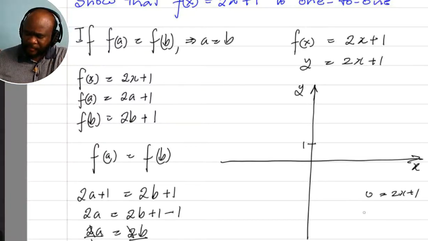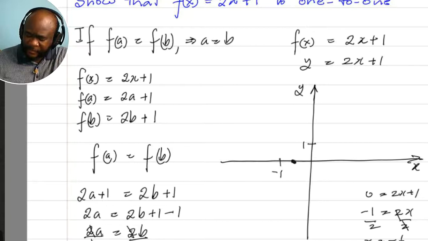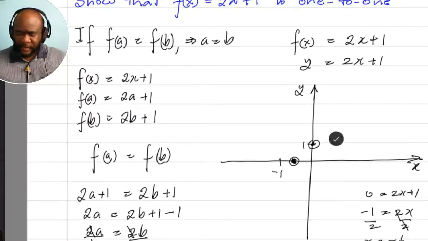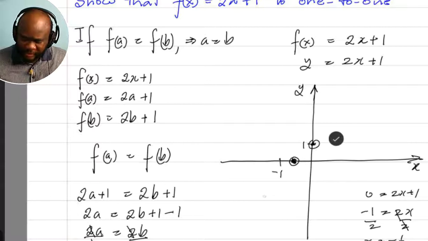So minus 1 is equal to 2x. Then divide both sides by 2. We get x is equal to minus a half. So the x-intercept would be where x is minus a half. That's the x-intercept, and this is the y-intercept. I'll draw a straight line through those 2 points.